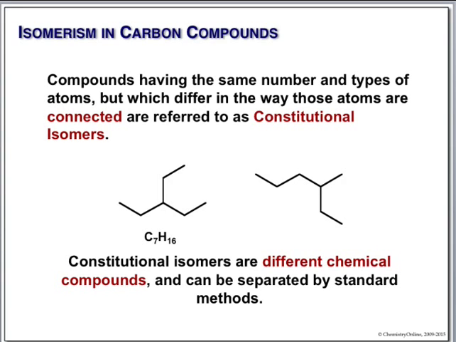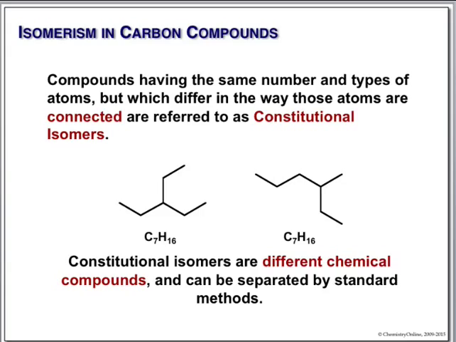But this is C7H16, and so is this. They are clearly different molecules. We call these isomers, and these are constitutional isomers because the constitution, the backbone, is unique among both of them.